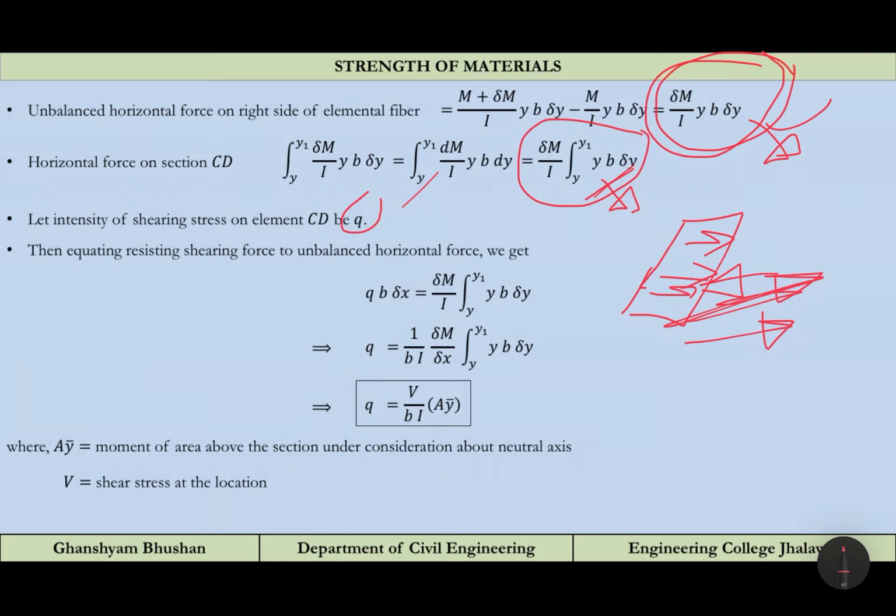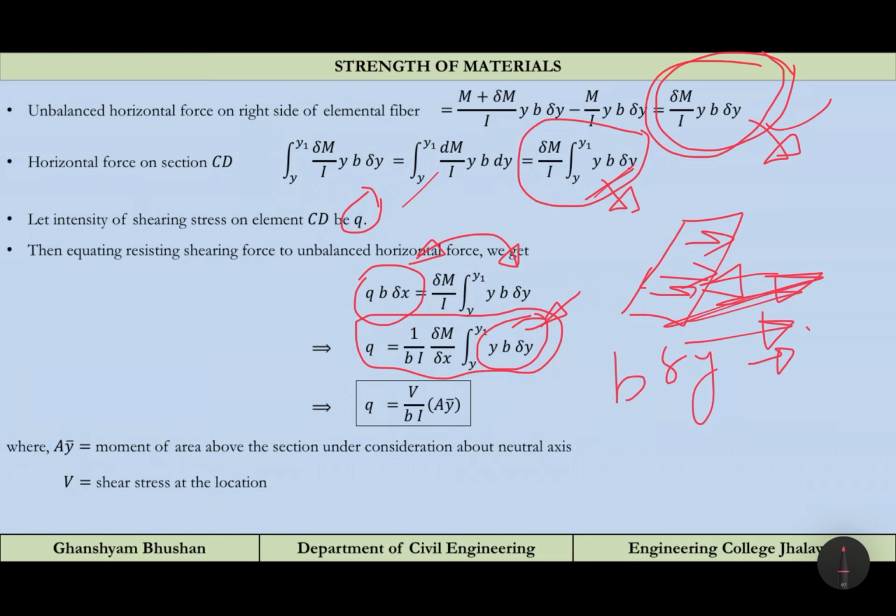Now if the intensity is Q, it will be multiplied by the area of that particular section. These two forces are going to be equal to balance each other. If you see here, b into del y is your area, and A into y is the moment of this area about the neutral axis.